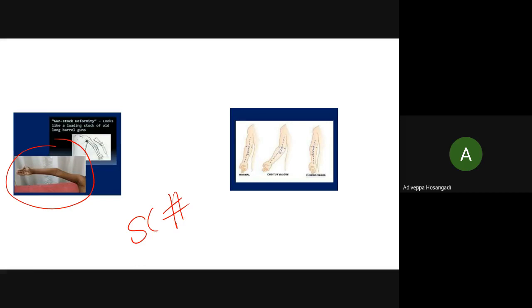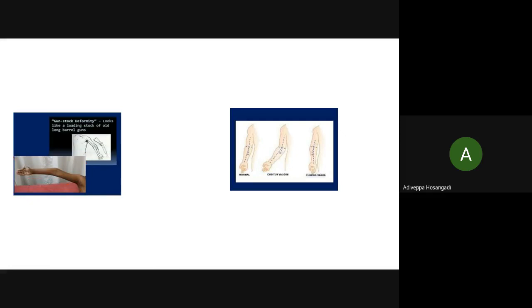Look at this. Gunstock is the long rifle, the back or hind portion is the gunstock. It looks like a gunstock deformity. So cubitus varus is also called gunstock deformity.